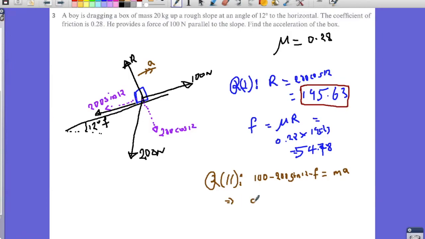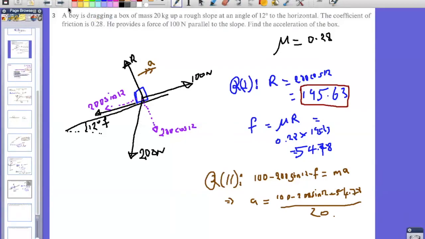That gives you A to be 100 minus 200 sine 12 minus 54.78 divided by the mass, which is 20. Okay?